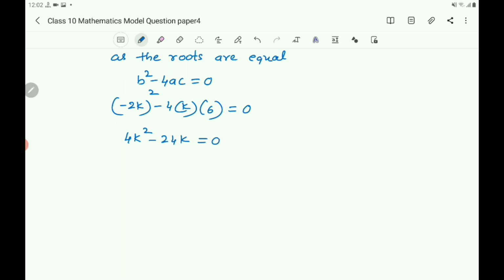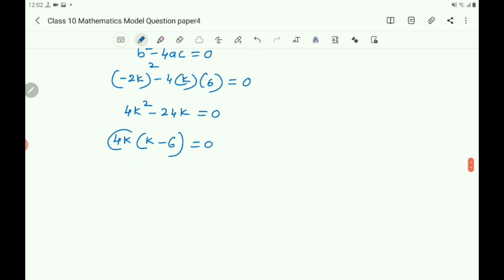Then you can take 4 common and also k common. 4k into what is remaining here? As 4k is outside, you will get k, because 4k into k is 4k square. Then minus, 4 sixes are 24, 4k into 6 is 24k equals 0.